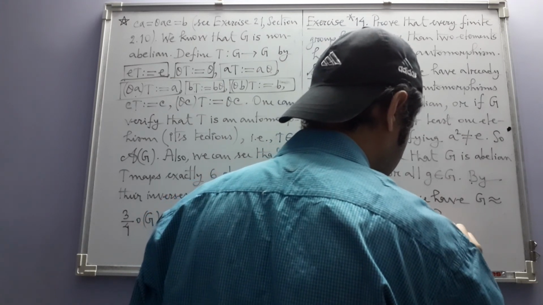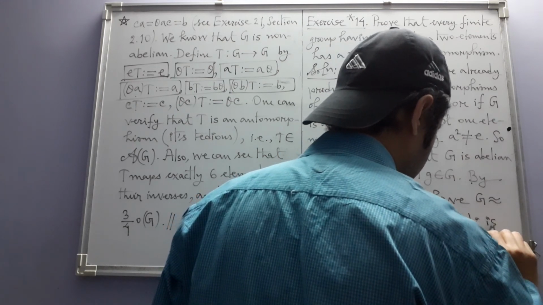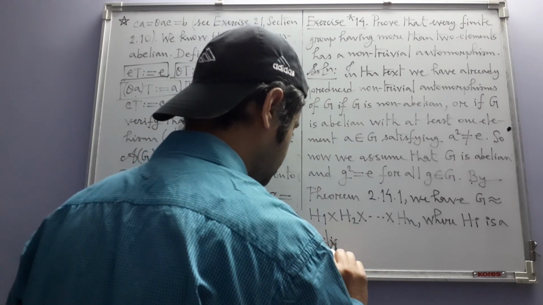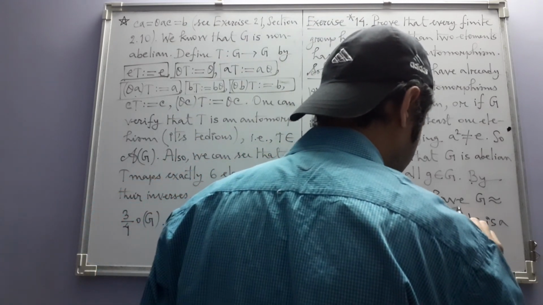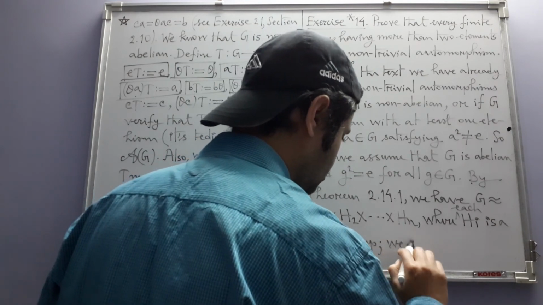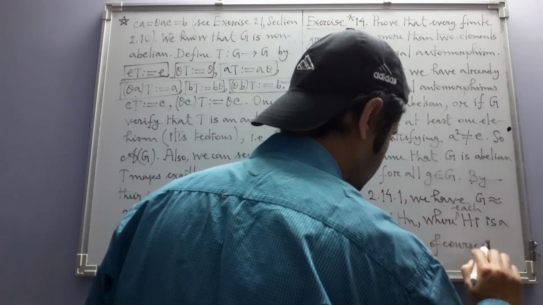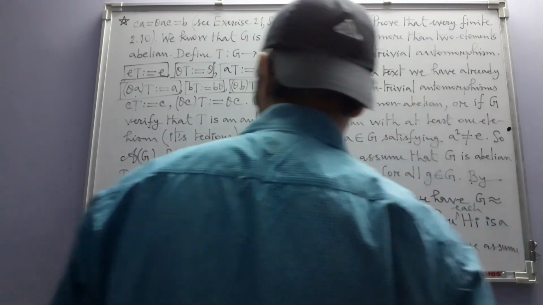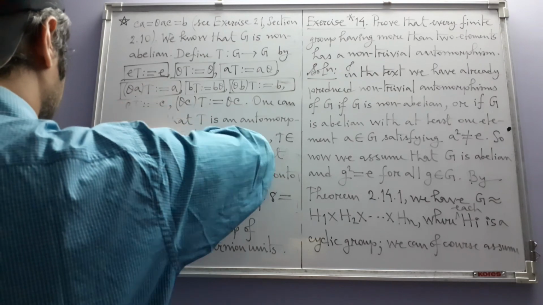Where each Hi is a cyclic group. We can of course assume without loss of generality that none of the Hi's is the trivial group.